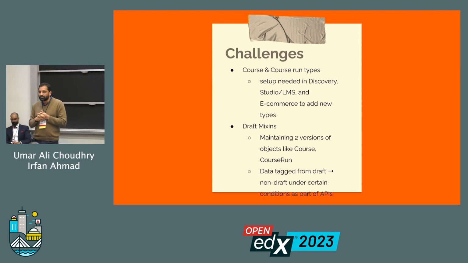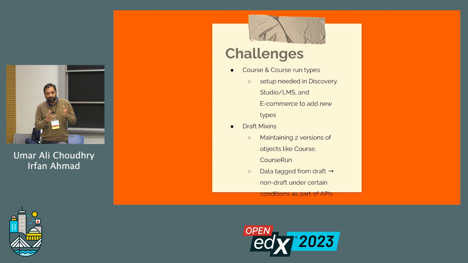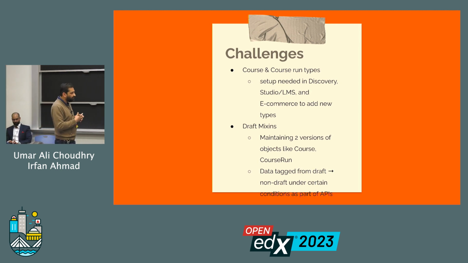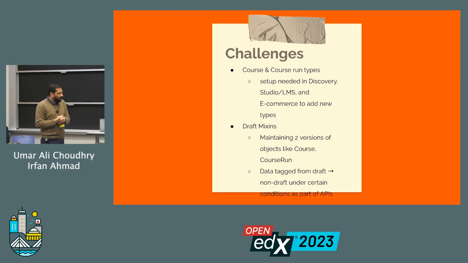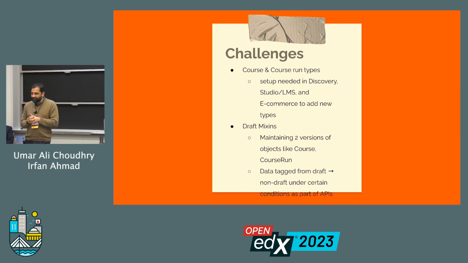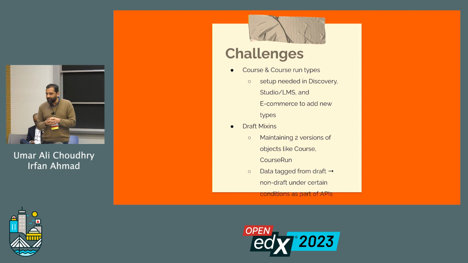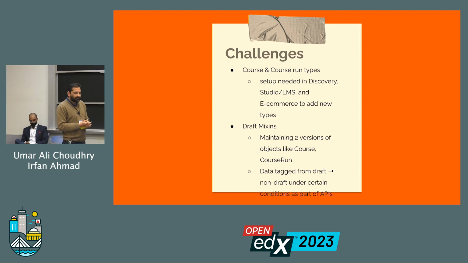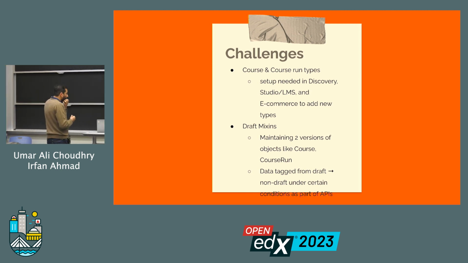There is a draft version where all of the course authors are working, and then there is the non-draft version, which is feeding the production site. And if you forget to, for example, set the draft when you're calling from the API, interesting things can happen. Things don't become visible on the production site, and you have to be very careful how you use the draft and non-draft while calling APIs and so on.